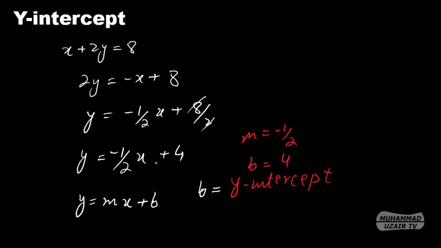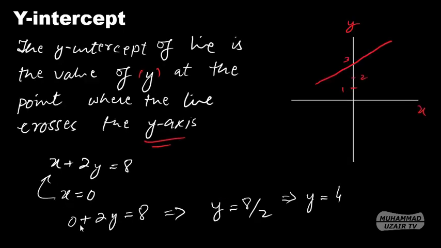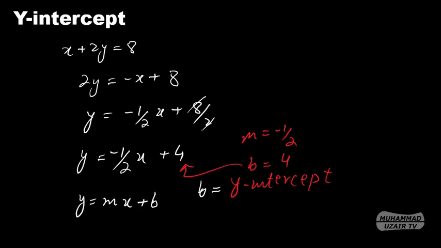So the y-intercept for this equation will be 4, as we already derived by putting x is equal to 0. Both methods give y equal to 4. So the y-intercept is 4.